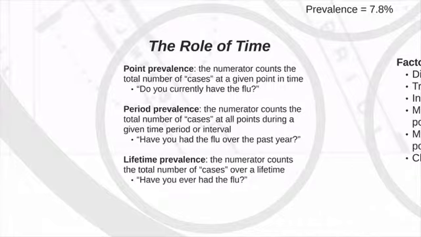Okay, so the key to distinguishing whether you're assessing point, period, or lifetime prevalence is looking at the question and asking, is it wondering right now, like today, or a very short period of time? Is it trying to capture the number of cases in a period, or is it trying to capture the number of cases who have experienced this over a lifetime?